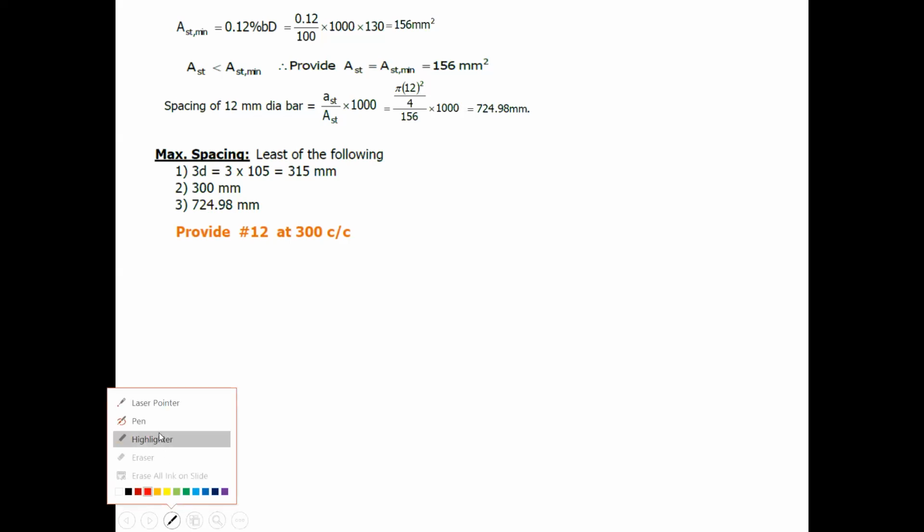Why do they always consider 300 mm? Is there any particular reason? Why is it 300 mm, why not 200 or 400?